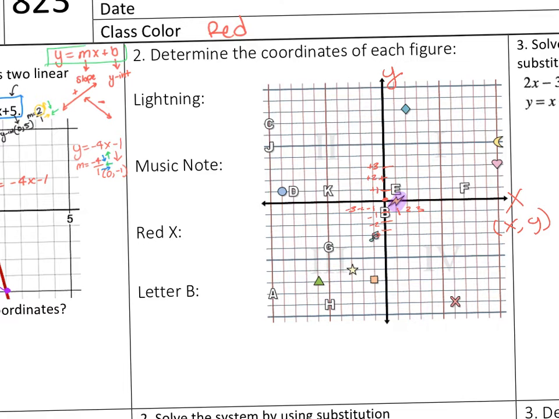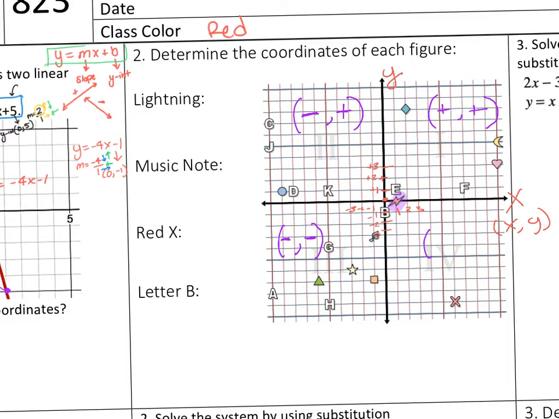If you don't remember the signs, remember this. If you have a point in this box right here, your x value is positive and your y value is positive. If you have an x and y value and it's over here, your x is negative and your y is positive. If you have a value over here, your x is negative and your y is negative.